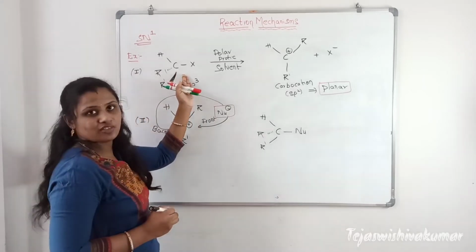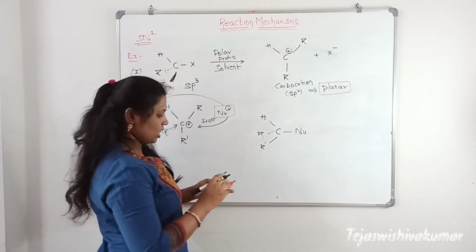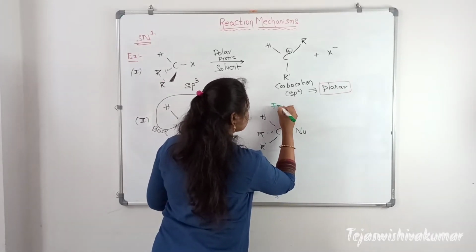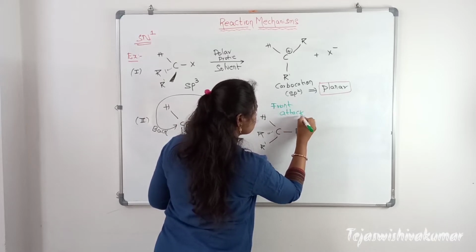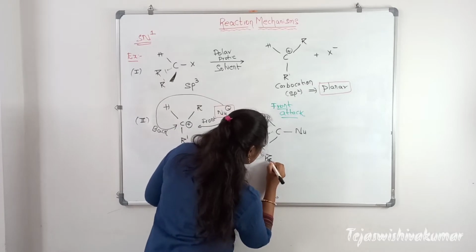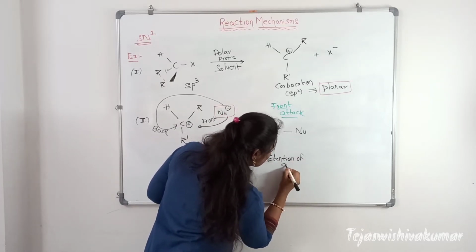Because the bonds are all the same as they were in the first configuration. So by the front attack I have got the retention product, retention of configuration.